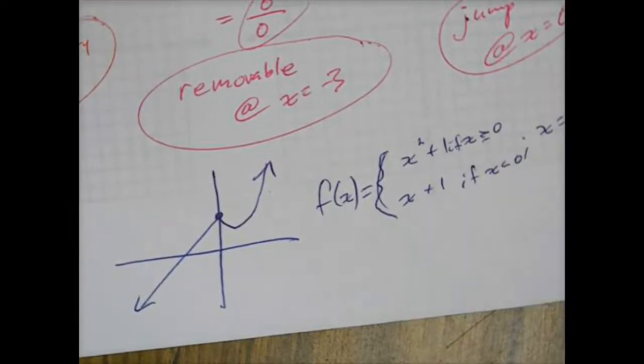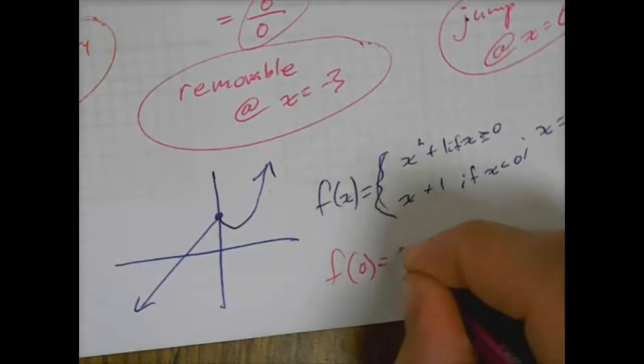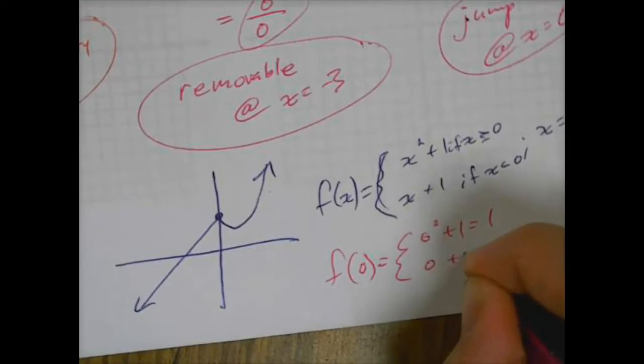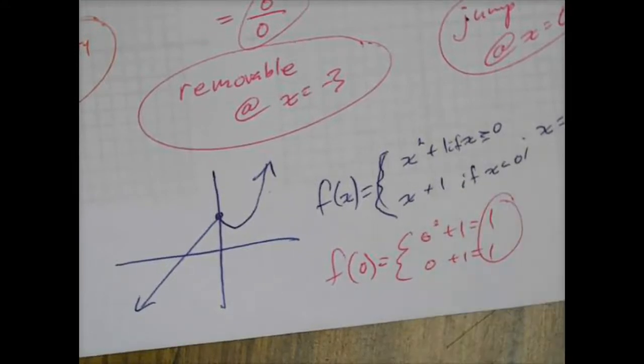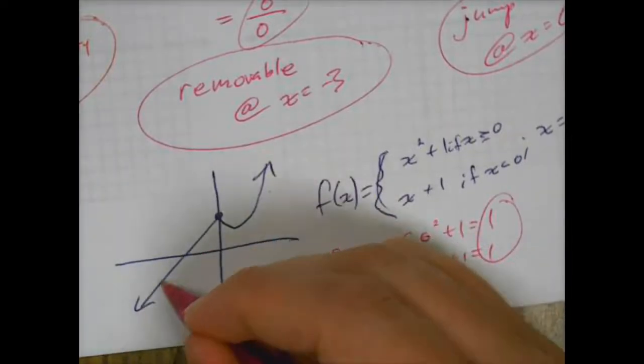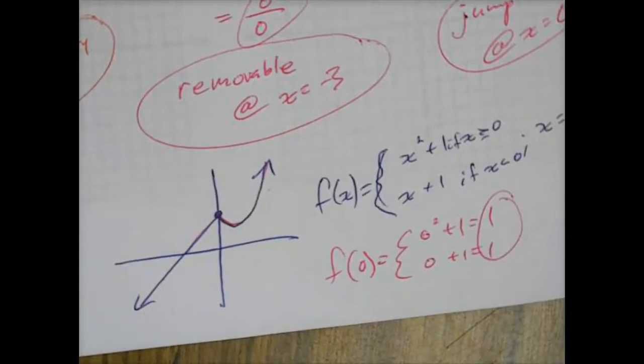So if I plug in 0 to both of those, f of 0 equals 0 squared plus 1, which is 1, and 0 plus 1, which is 1. See how they have the same y value? If they have the same y value, and you can actually tell by the graph, I could have drawn this all without picking up my pen. Therefore, that is a continuous function. There's no break in that graph.